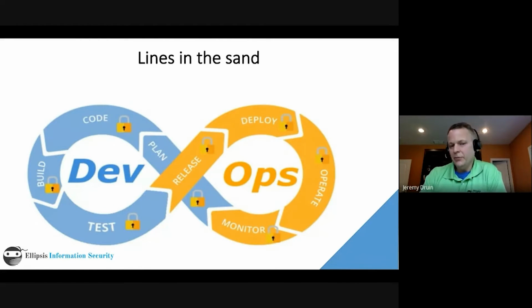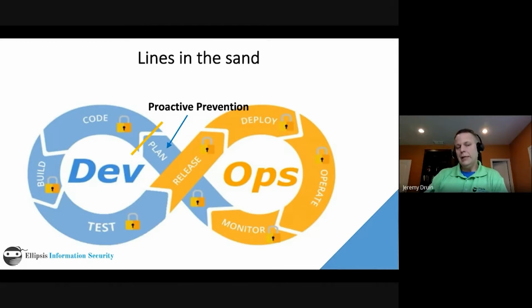We can put some lines in the sand, so to speak, onto our diagram. The yellow one represents the last chance we have to be proactive, and this happens really early in the project. Right here, we have the ability to make a plan to include security controls and to implement those controls when we start developing the project.